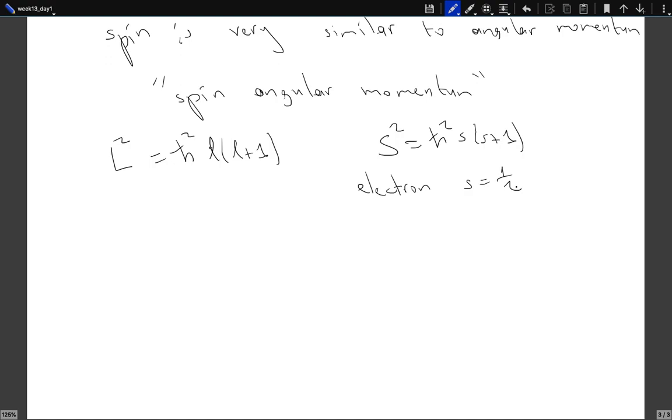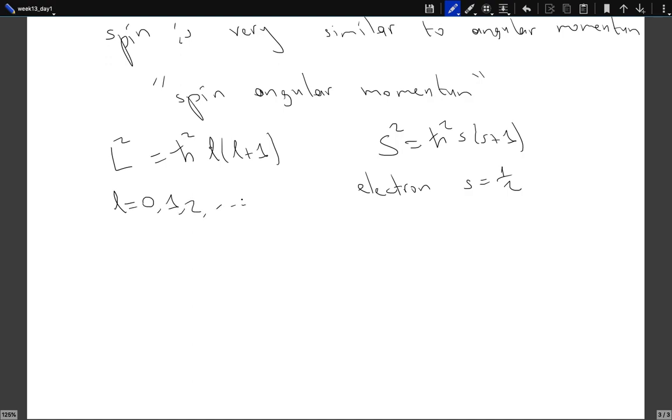Sometimes people try to explain the spin in terms of rotation. You say spin as the term, you have probably seen it also in your first year. The Earth has a spin also because it is rotating around itself. But quantum mechanics tells us that that kind of physical rotation can only take the values ħ² L(L+1) with L an integer.